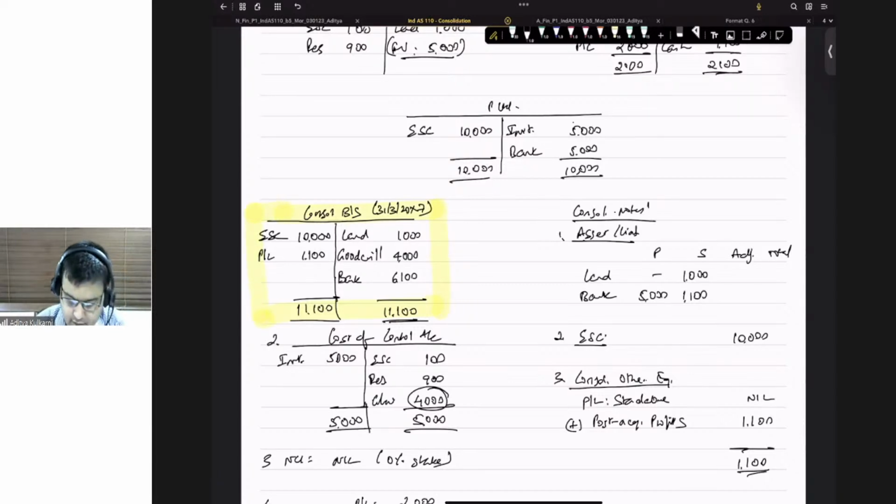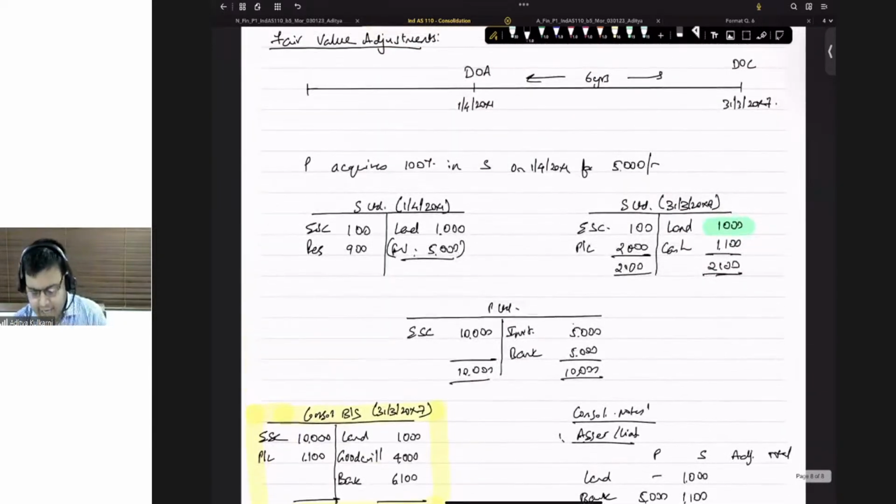I just put it in one small box. Have you guys understood? All right. So far, it appears to be correct. Any problem is there in this?